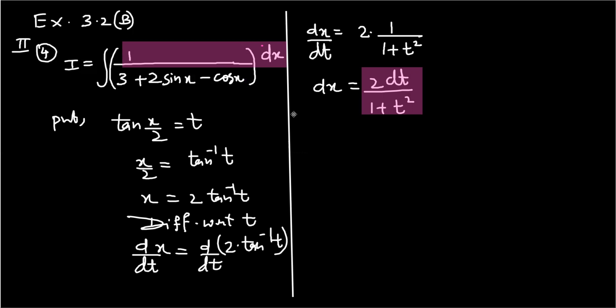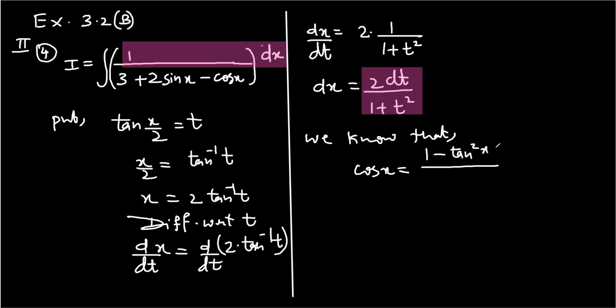Okay, so the next step here we write, students, is this. We know that you will write cos x in terms of tan x by 2. The formula is, what is cos x equals to? It is 1 minus tan square x by 2 over 1 plus tan square x by 2. So cos x, I get 1 minus t square upon 1 plus t square.